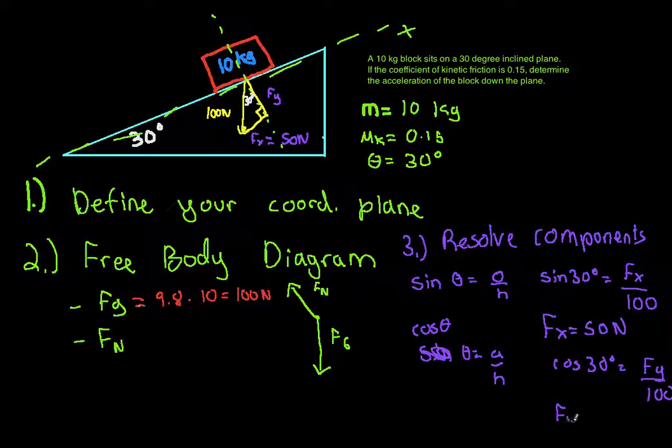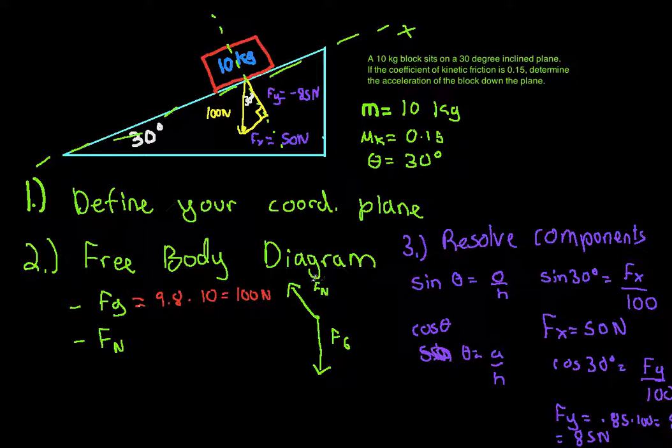So I'm just going to say the force in the y direction is about 100 times 0.85, and that's going to equal 85 newtons. And so I'm going to say this force is negative because normally we would define down as being the negative y direction, so I'm going to say f of y is negative 85 newtons.